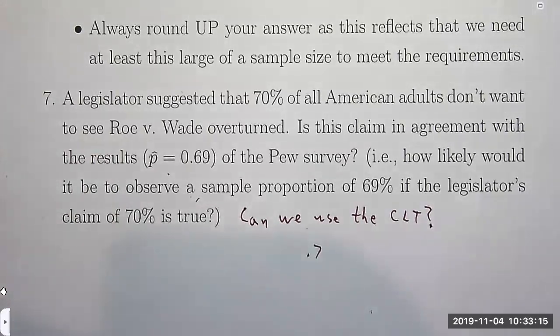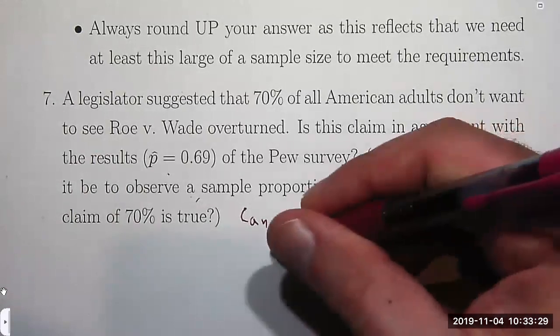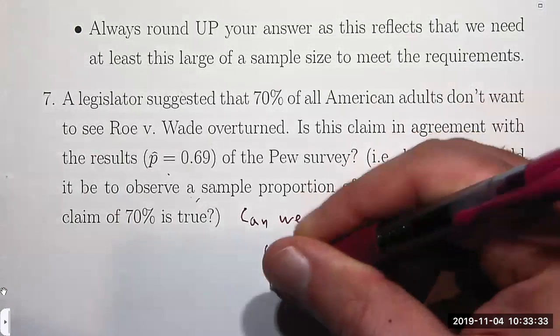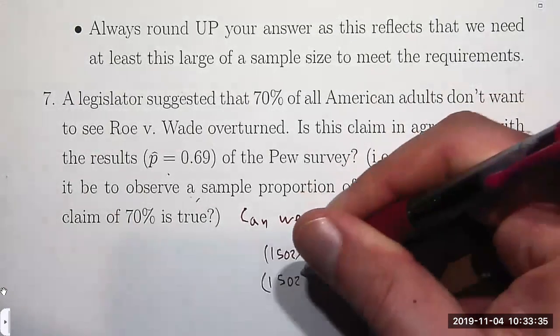I think it was like 1502 or something like that, right? Yeah, 1502. And then we need to do 1502 times 0.3.